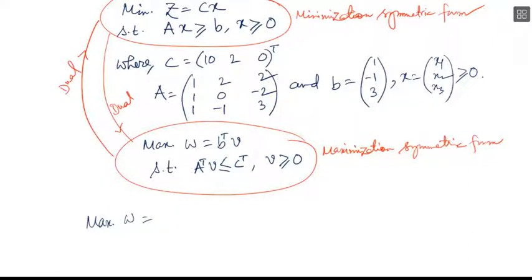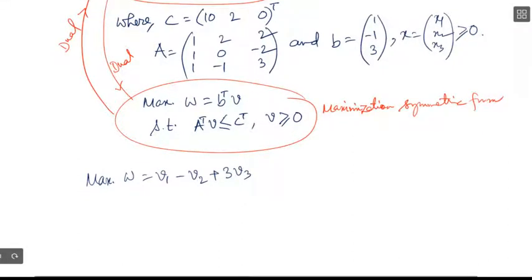So if we take V equals to V1 V2 V3, then it is V1 minus V2 plus 3 V3, then ATV less equal to CT, that is the first column of A will now give you the first constraint of the dual problem.